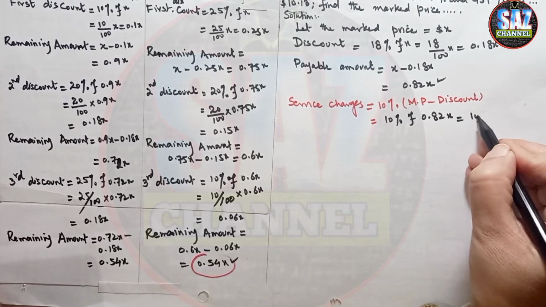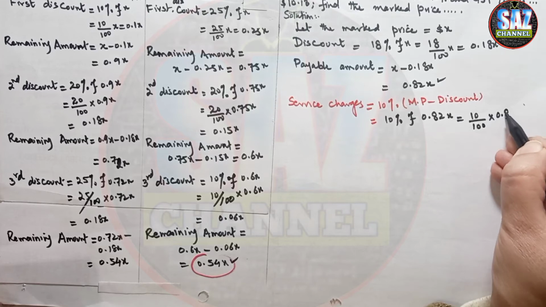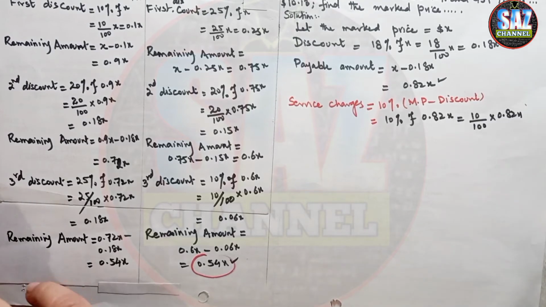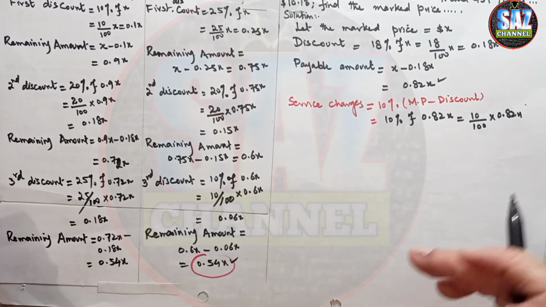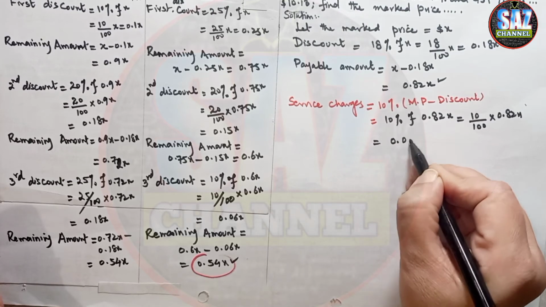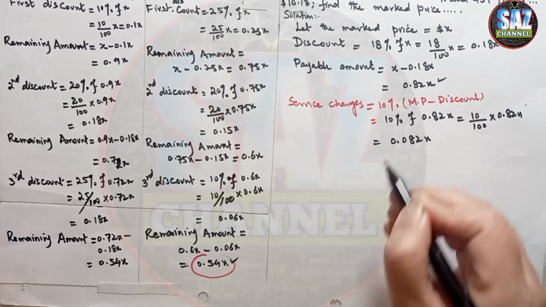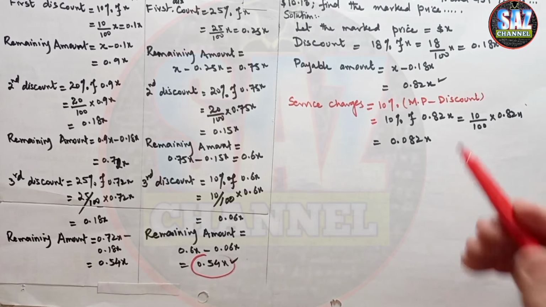For the calculation, I write it as 10 over 100 multiplied by 0.82x. Now 10 multiplied by 0.82 upon 100 gives me 0.082x. So service charges are 0.082x.